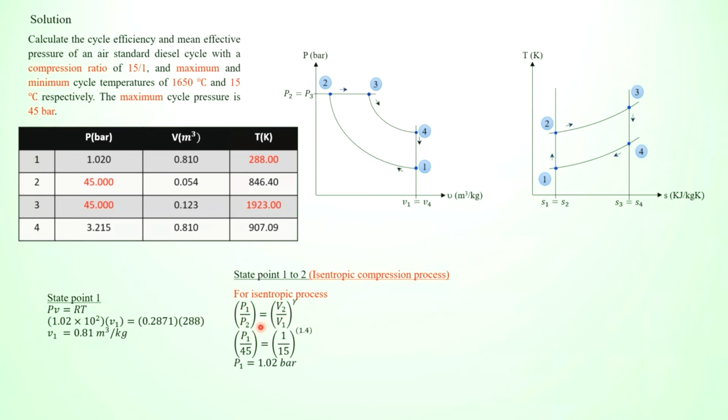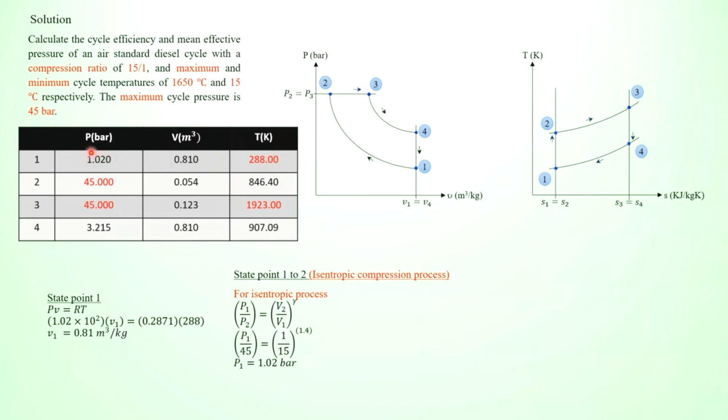Based on the relationship here, if you put P1 over P2, you should have V2 over V1. If you put P2 over P1, you should have V1 over V2. From this, you can find out the pressure of 1.02 bar. Then after that, you can come back to this step to find out the volume here, because we know the temperature, which is given as 15 degrees C plus 273, so you get 288.